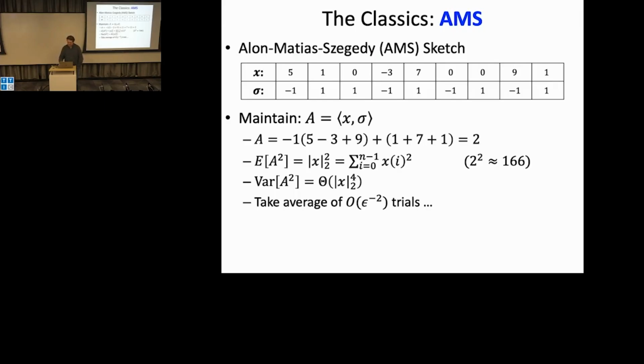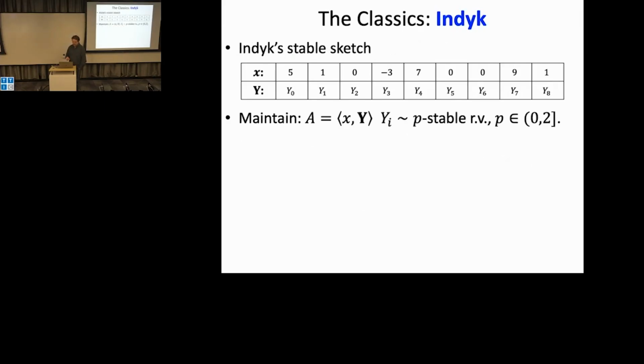About 5 or 6 years after this, Indyk generalized this to other p moments for p between 0 and 2. Basically all he changed here is you don't need random signs, you need random p-stable random variables. And p-stable random variables have this property that they give you exactly what you want.